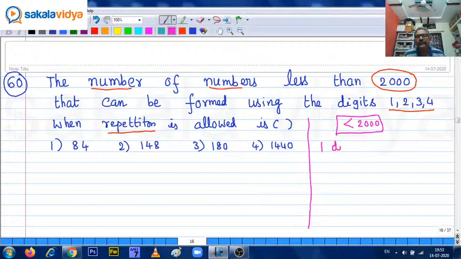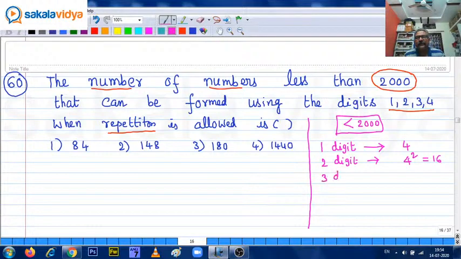First, 1-digit numbers. 1-digit numbers means 4 only. Obviously 4. No chance. 2-digit numbers: repetition is allowed, 2 places, so you get 4 square, that will be 16.